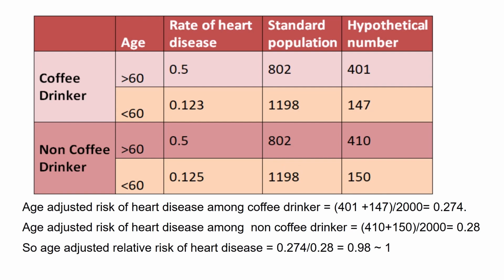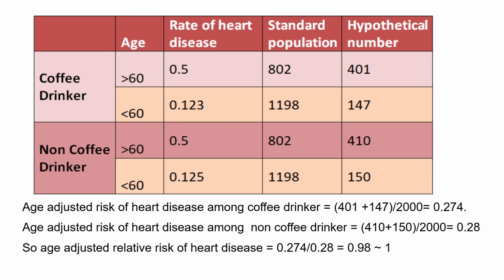Now the researcher multiplies the rate of heart disease by standard populations of each category of age for both coffee drinkers and non-coffee drinkers. Such multiplication gives the hypothetical number of people with heart disease for both age categories for both exposed and unexposed group.